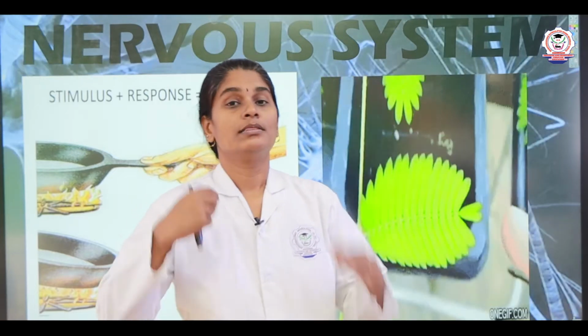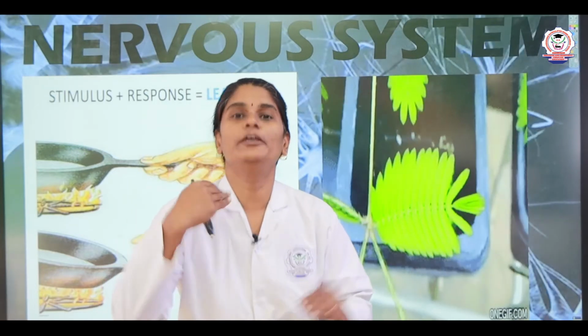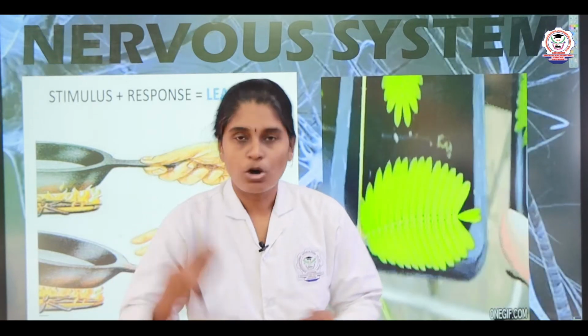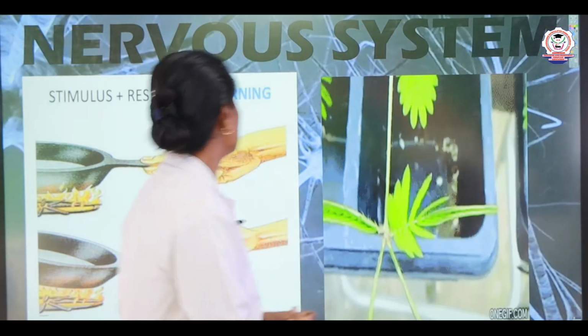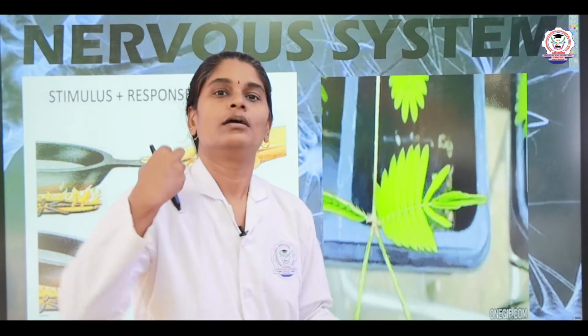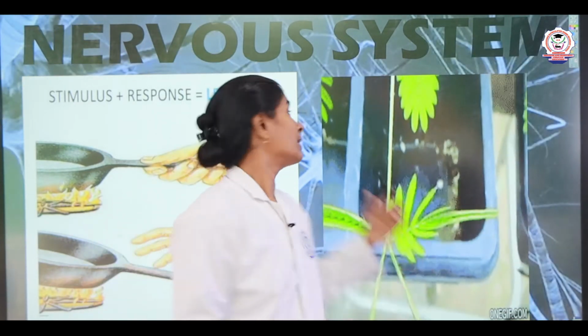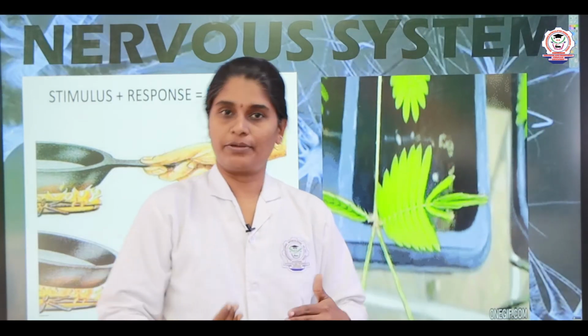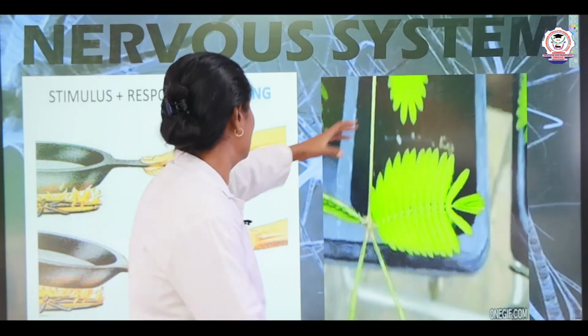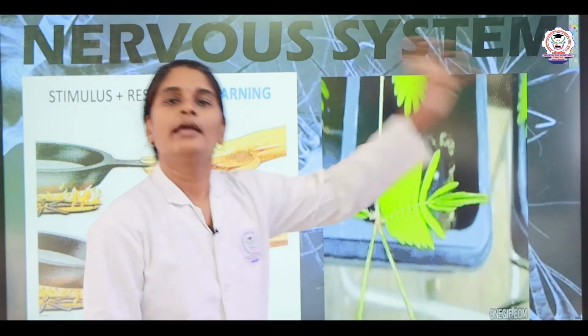Effector means the response that you give with the help of your muscles, organs or bones, right. So, the receiving part is known as the receptor and the action part, the response that you give, is known as the effector. So, now you know what is receptor and effector.